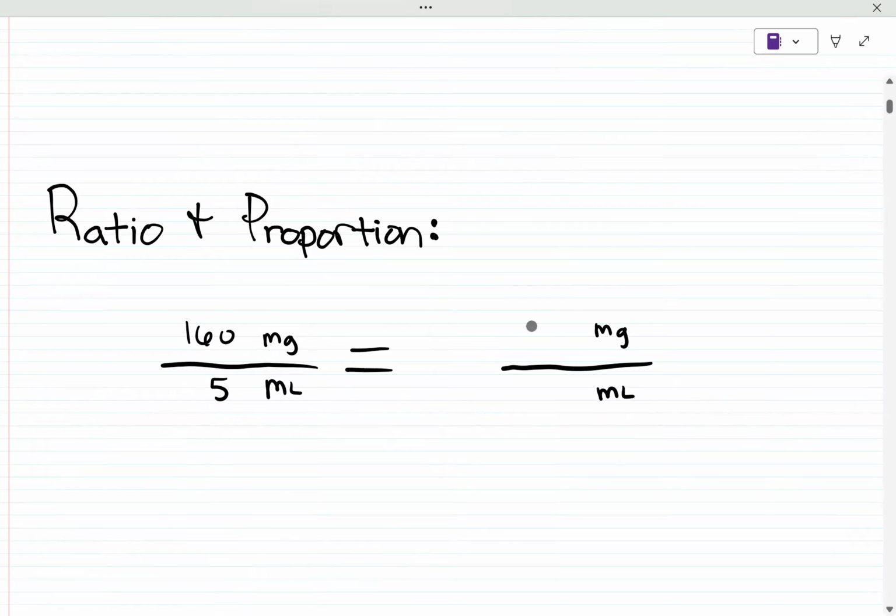We're asking how many milliliters, so that's our unknown: X milliliters for our order of 240 milligrams.